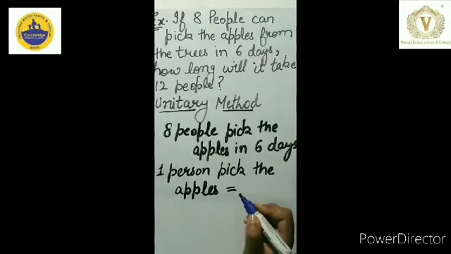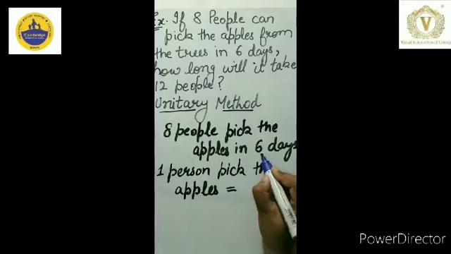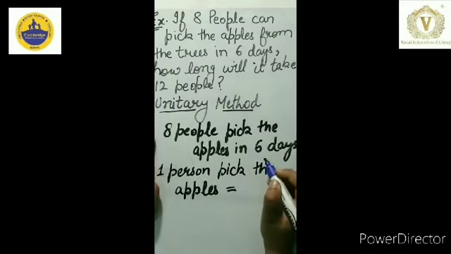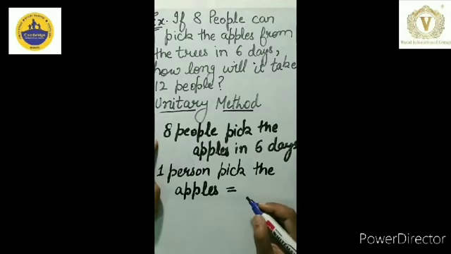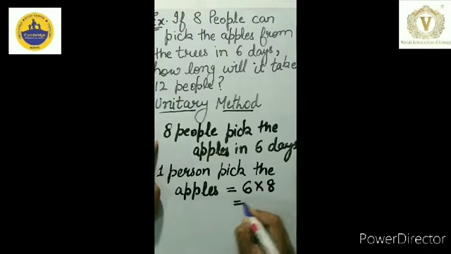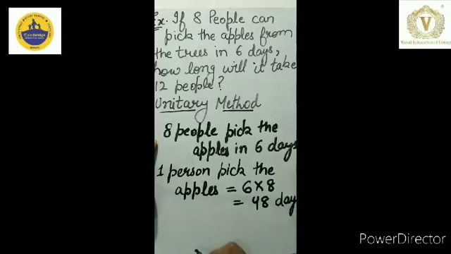In case of direct proportion, we divided 6 and 8, but now this is a question of inverse, so we will do the inverse operation. Now we will not divide, we will multiply. 6 multiplied by 8, so that means one person will take 48 days to pick those apples.